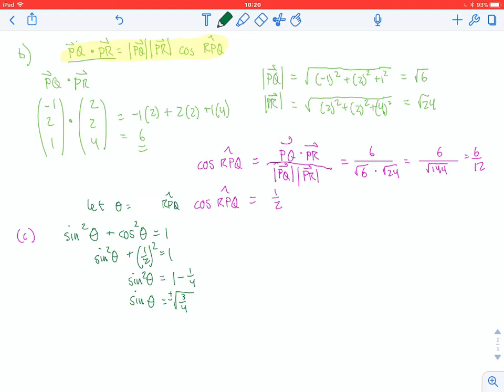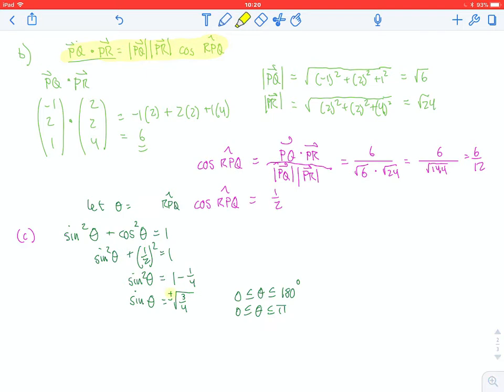Because we are dealing with sine, and because we're dealing with vectors, those angles are almost always going to be between 0 and 180 degrees, or between 0 and pi radians. This is just a convention.